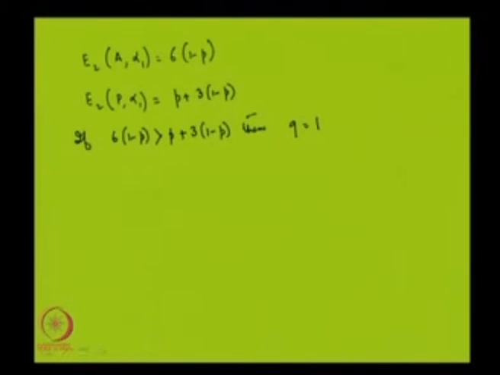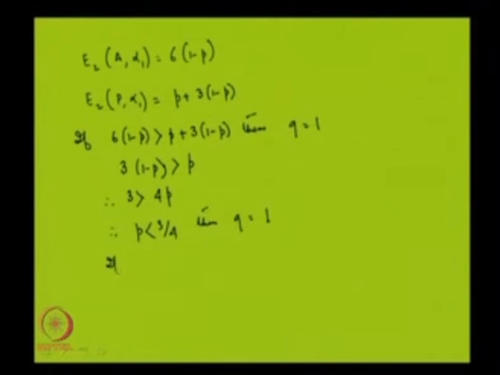All the probability will be attached to the first action, the A action, and this can be simplified. So if P is less than 3/4, then Q is equal to 1.